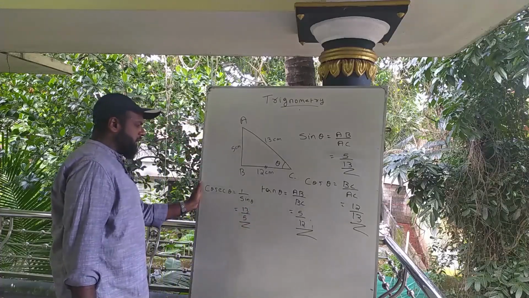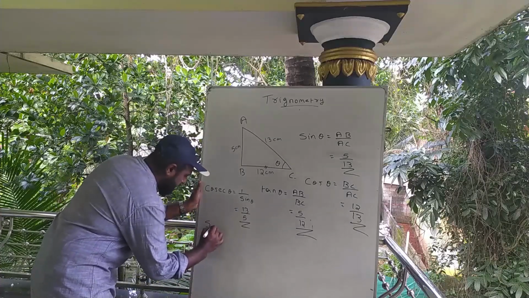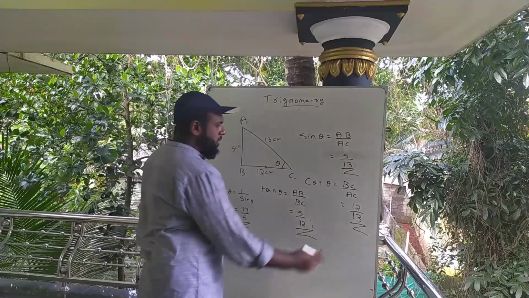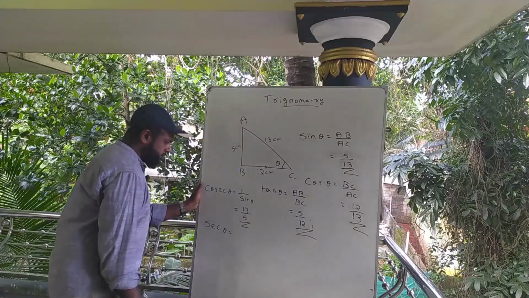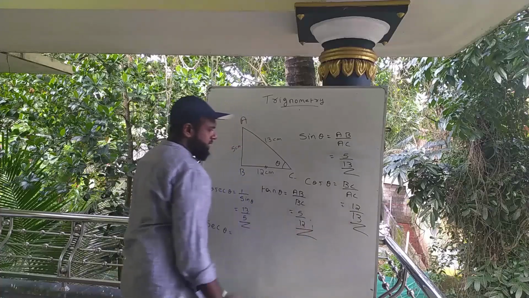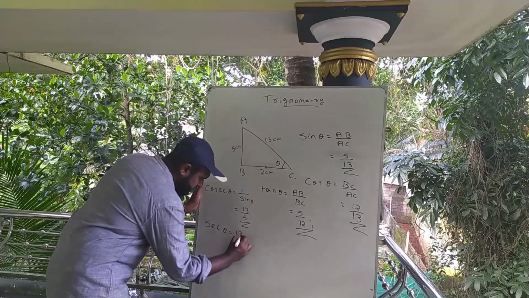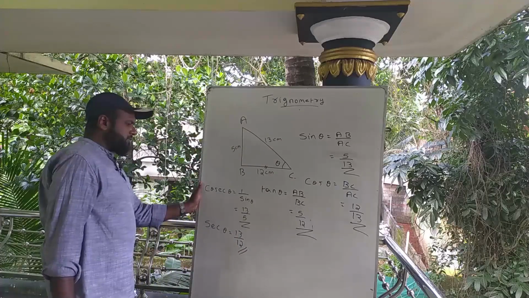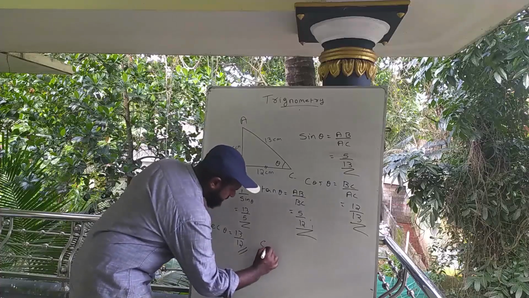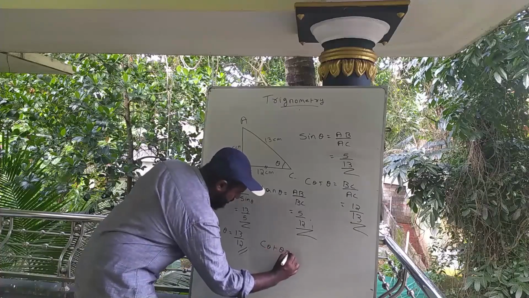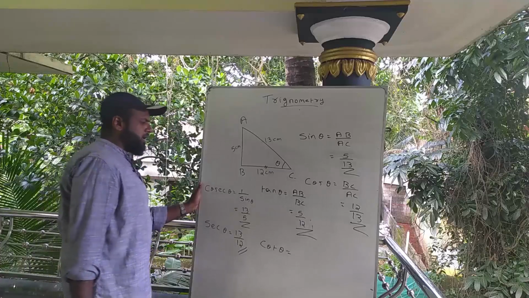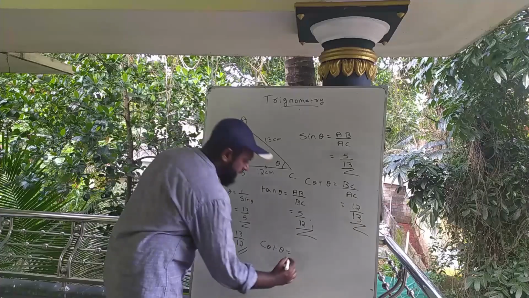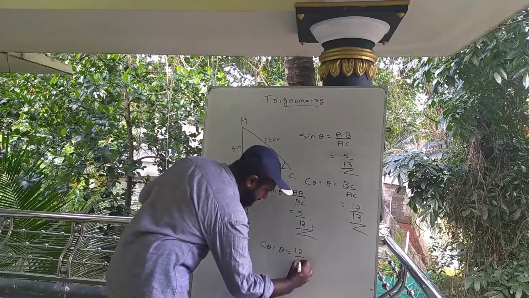Next we can find what is sec theta. Sec theta is the reciprocal of cos theta, that is reciprocal of 12 by 13, that is 13 by 12. Next we can find what is cot theta. Cot theta is the reciprocal of tan theta. Here tan theta is 5 by 12. So, the reciprocal of 5 by 12 is 12 by 5.